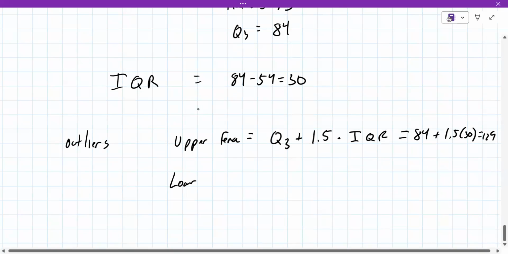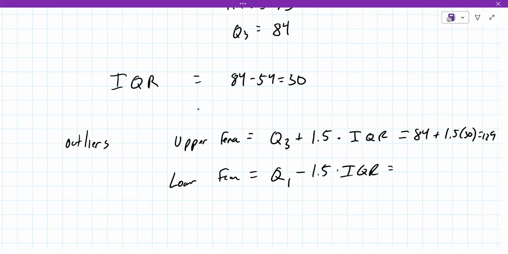The lower fence is a similar calculation: Q1 minus 1.5 times IQR.